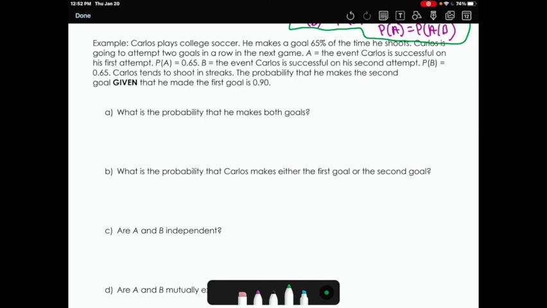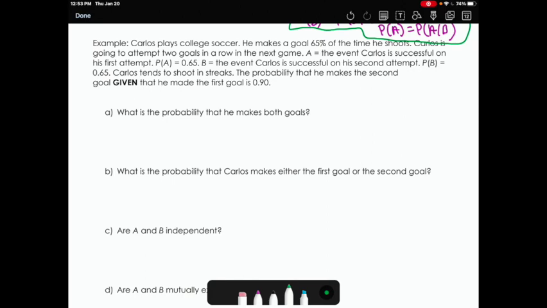Okay, so in the first example, it says Carlos plays college soccer and he makes a goal 65% of the time he shoots. Carlos is going to attempt 2 goals in a row in the next game. A is going to be labeled as the event that Carlos is successful on his first attempt, meaning he gets a score the first time.